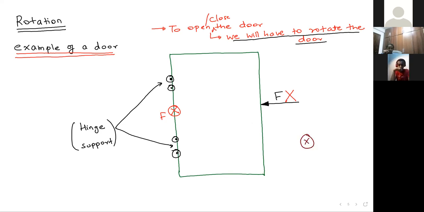This means into the plane, correct? And what is the meaning of this direction? Out of the plane, correct? So these two forces cannot open the door. This force cannot open the door, and even this force cannot open the door, right?